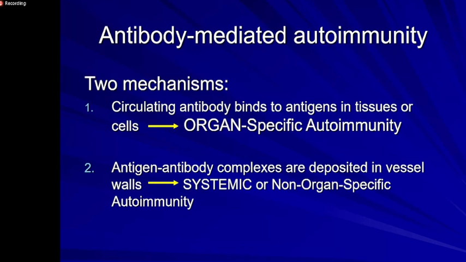Specific mechanisms will be brought into the area to try and remove that antibody, and therefore cause damage. The antigen-antibody complexes will be deposited in the vessels, causing either systemic or non-organ specific autoimmune disease. So it's always important to think about what will cause the damage. One of them is antibodies, the other one is immune complexes, and the other one is T cells.